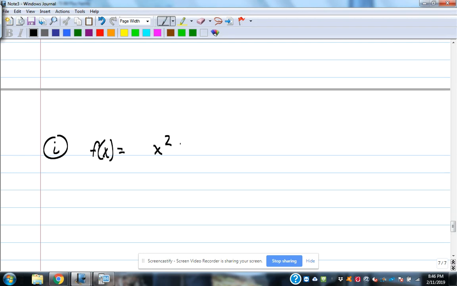Let's do x squared plus 7x plus 12 over x cubed plus 4x squared.